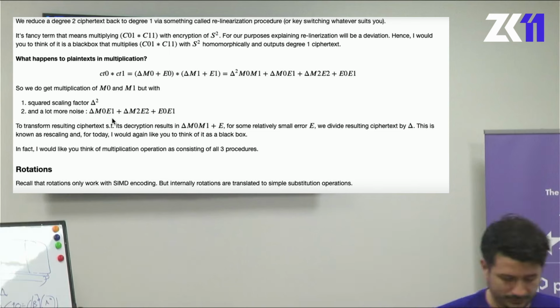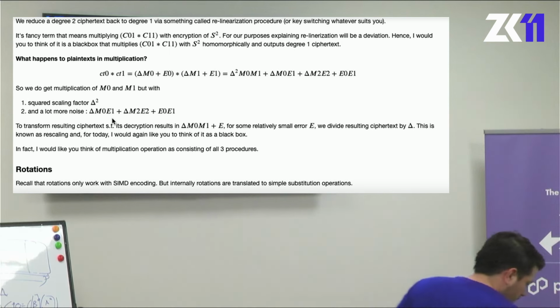So multiplication gives us multiplication of M0 and M1, but with the square of the delta. But this is not what we want. We want delta, right? So what we essentially do is divide the entire thing by delta, and we end up getting delta M0 M1 with reduced error because you divide everything by delta.